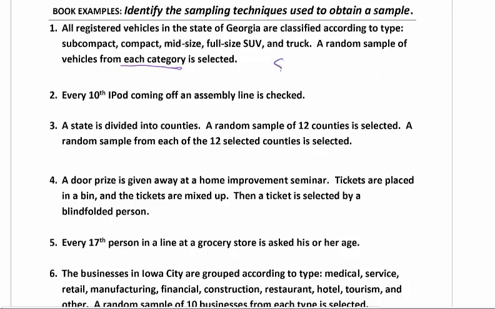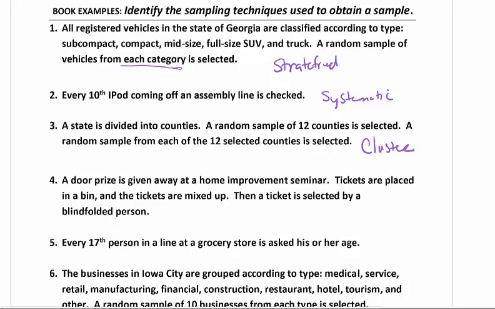So this is stratified. Number 2, every 10th iPod coming off of an assembly line. This is systematic. Number 3, a state is divided into counties. A random sample of 12 counties is selected. A random sample from each of them is selected. So we're grouping here, but notice I'm not taking all of the groups. So this is my cluster.